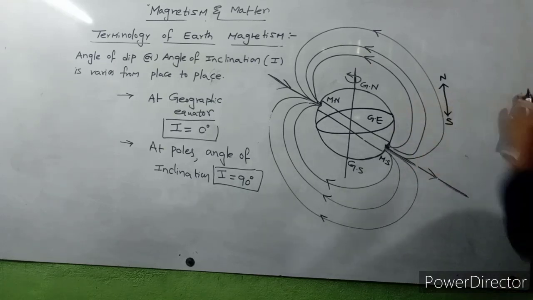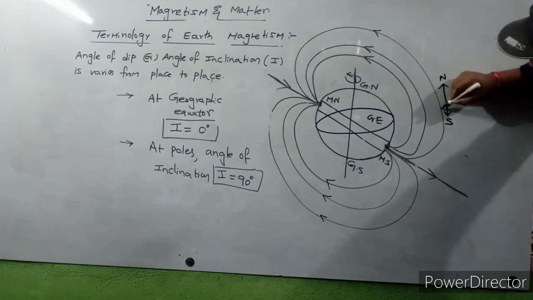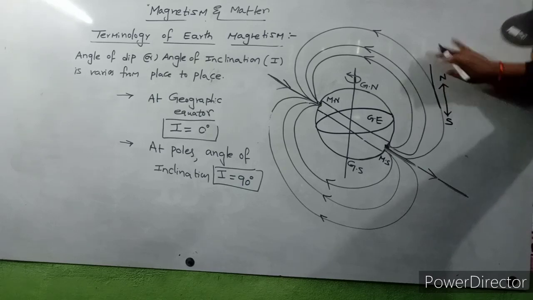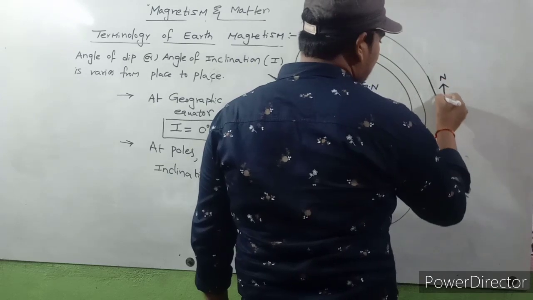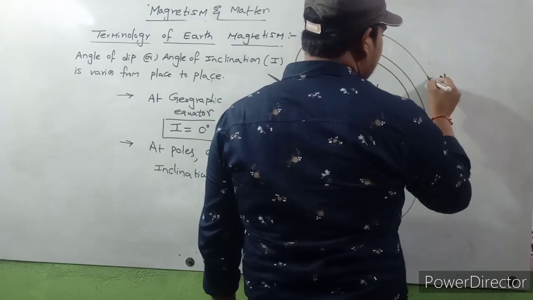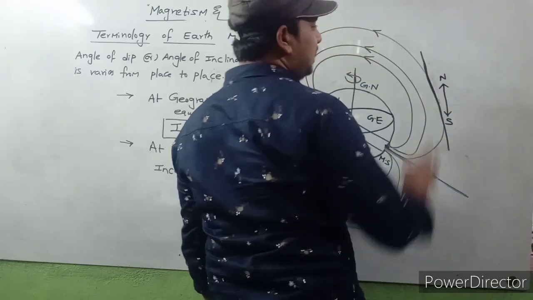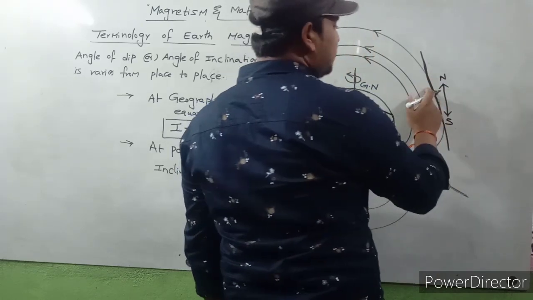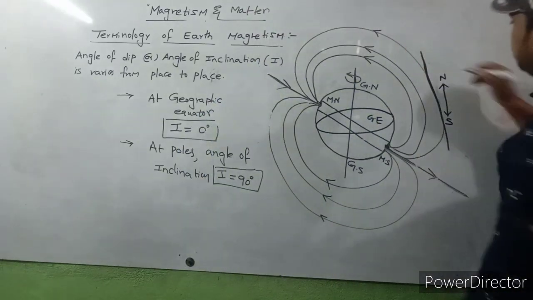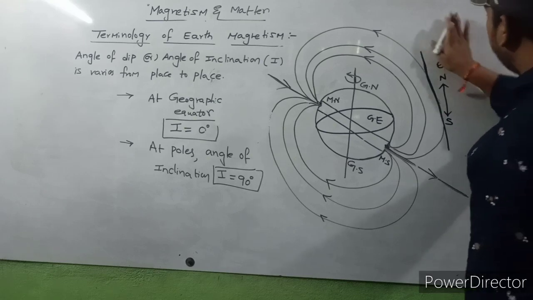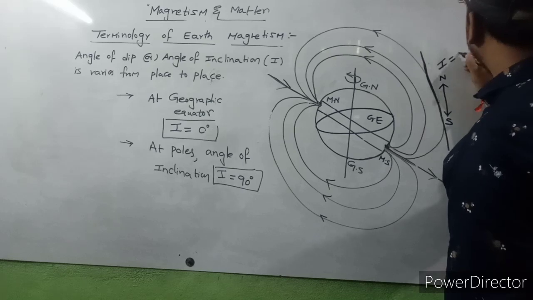That means, observe carefully, if I draw a horizontal line to the earth surface here, this is a horizontal line. The angle between this horizontal line and this magnetic needle, this dip needle, is theta, which is indicated with I, equal to 0 degrees.